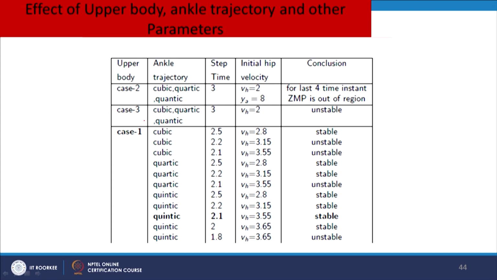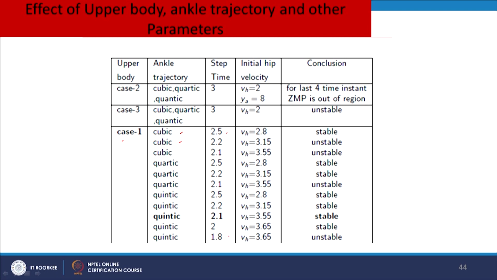But if we take a moving upper body for case 1 for different types of ankle trajectory, cubic trajectory, 4th degree, 5th degree polynomials, and for different time instances, that is, one step takes 2.5 second or 2.2.